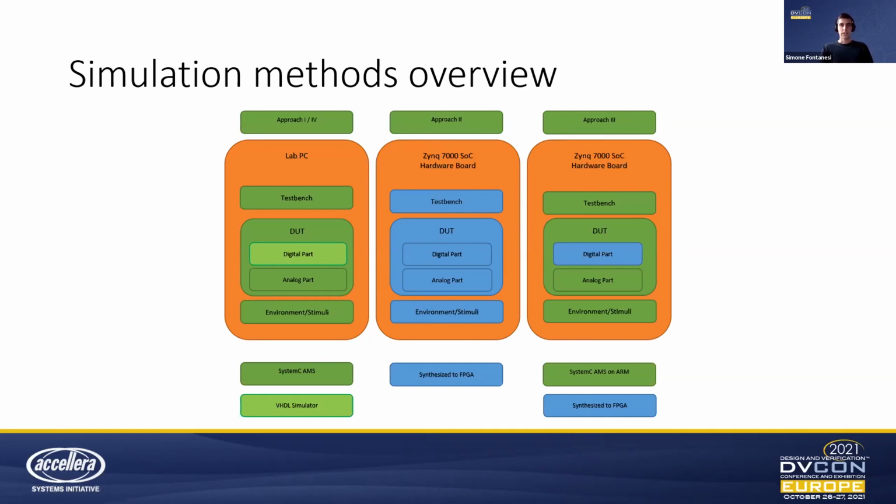And as you can see, for approach number 2, the test bench and the DUT are fully synthesized on an FPGA. Instead, for approach number 3, the digital part is synthesized on an FPGA, and the remaining analog part and test bench is running on an ARM processor. And for both approaches, we use the same platform, which is based on a Zynq 7000 system on chip.